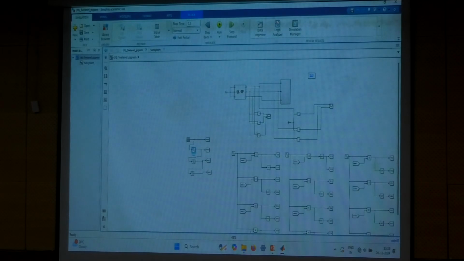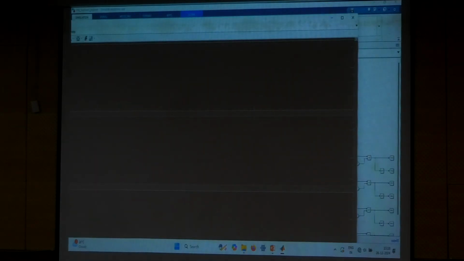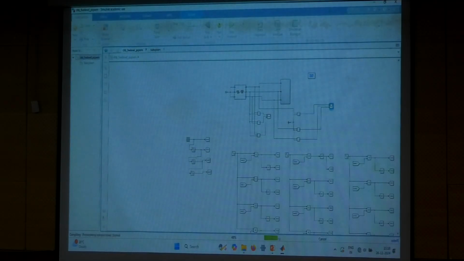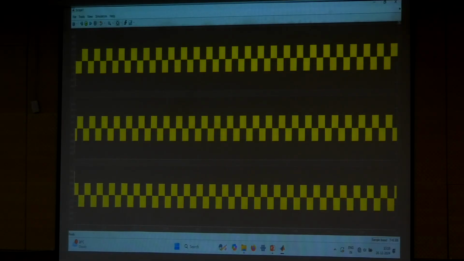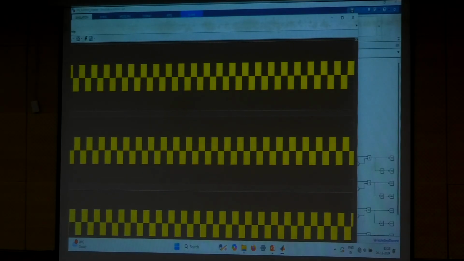And if you see the phase voltages, they are like this. I think the modulation index we have not changed.